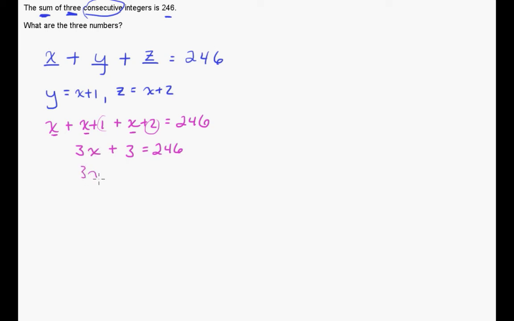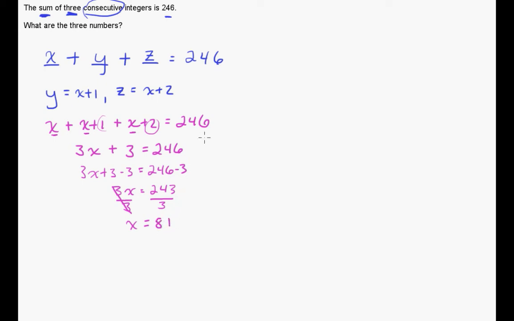So 3x plus 3, we're going to subtract 3 from both sides, and that's going to leave us with 3x equals 243. We'll divide by 3 now to get x by itself. Those 3's just cancel. And 243 divided by 3 is 81.